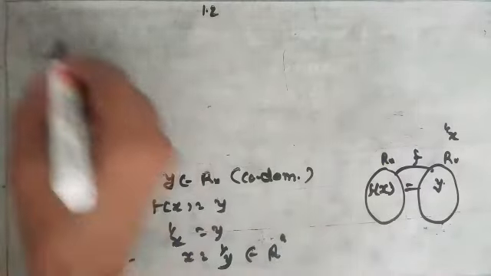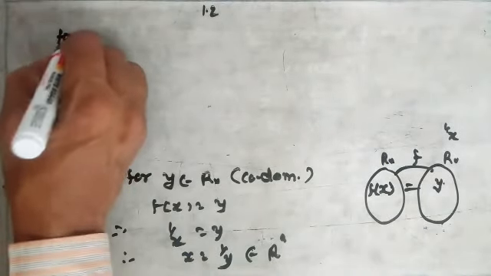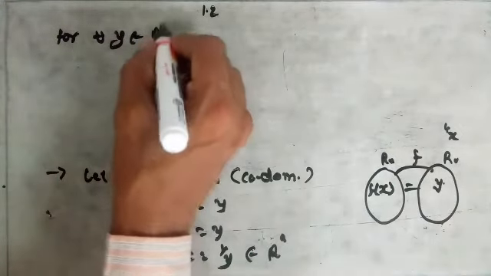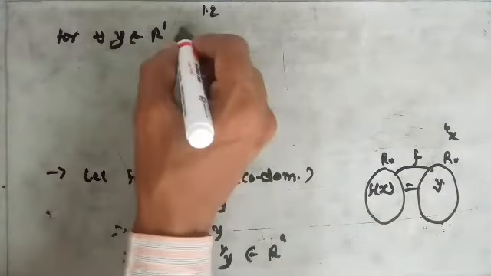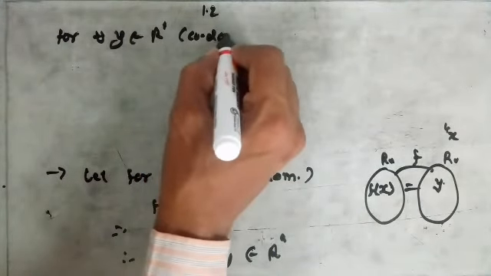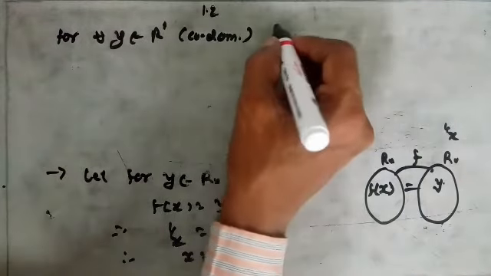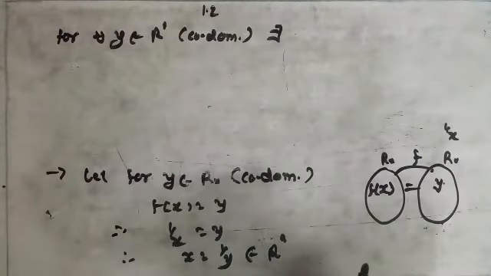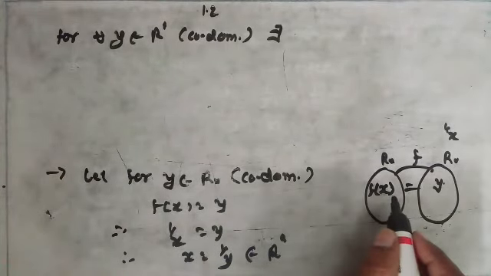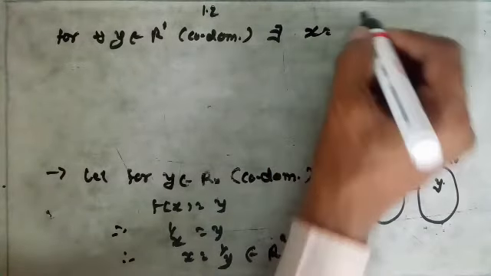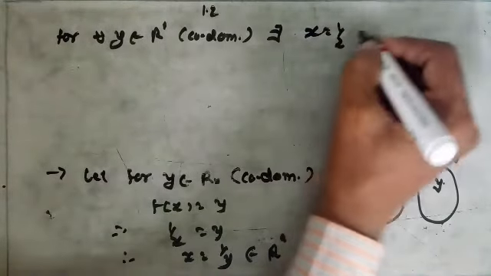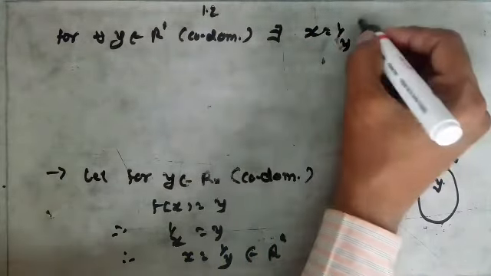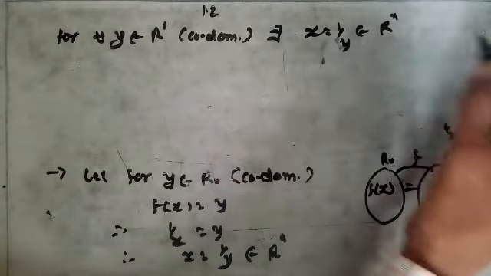So for all y belongs to this R star, the codomain, there exists, remember this is the symbol for there exists, x is equal to 1 upon y, and 1 upon y belongs to R star.